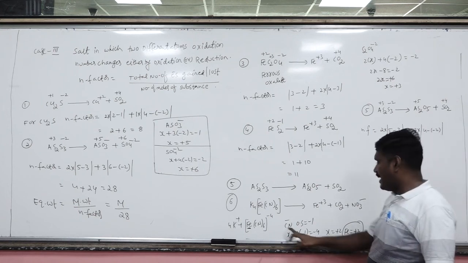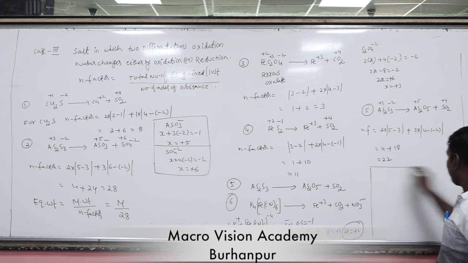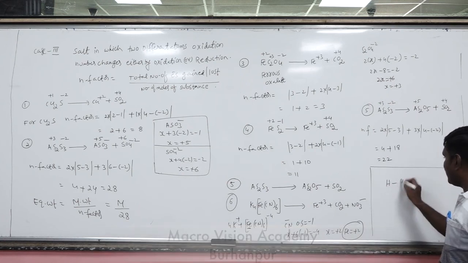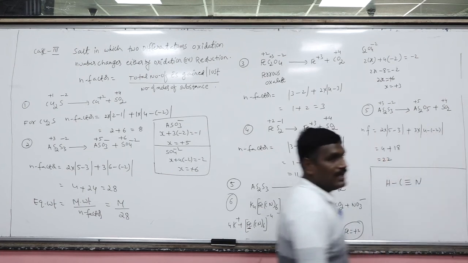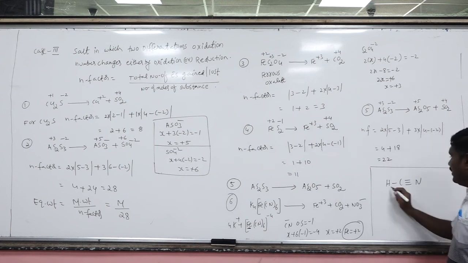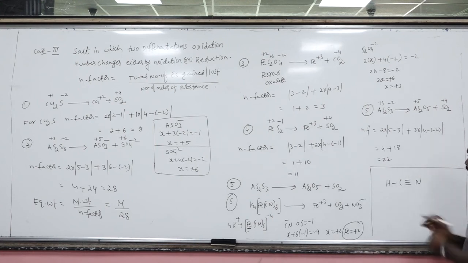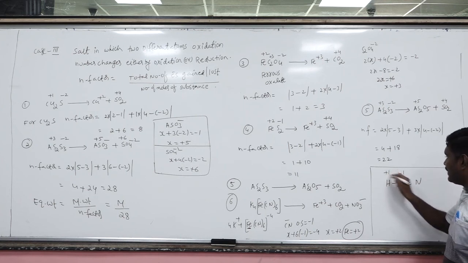Now what about the carbon and nitrogen oxidation state? Suppose I have hydrogen cyanide. In hydrogen cyanide, how to calculate the oxidation state? Do you know hydrogen and carbon? Carbon is more electronegative, so I am writing minus 1 here, plus 1 here.